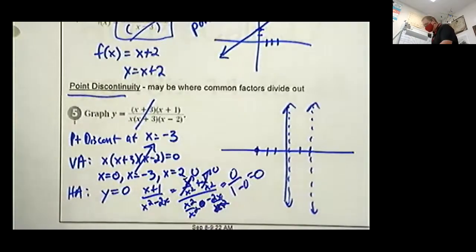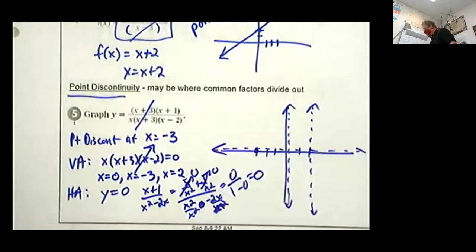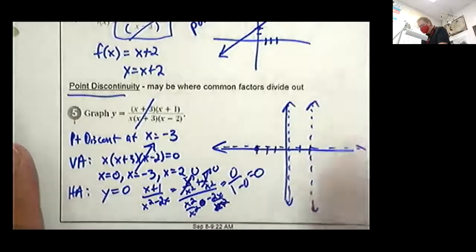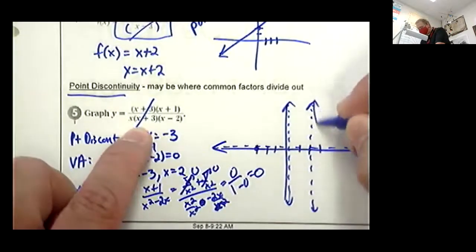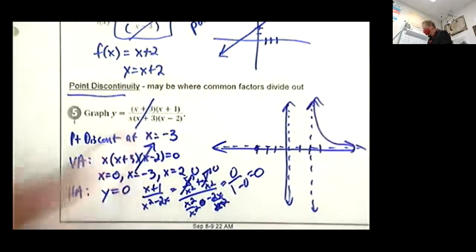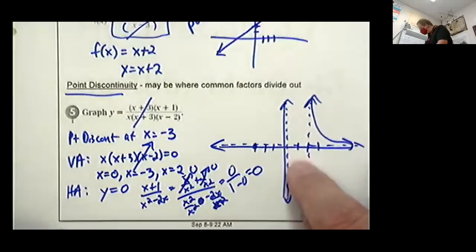And so there's our slant asymptote. And so what happens here, again, you can use test points. So we can look at 3. If we plug in 3 into this, we're going to get a value that's positive. So we have to be above the axis. Has to look like that. If we plug in 1, we're going to get a value that's below.